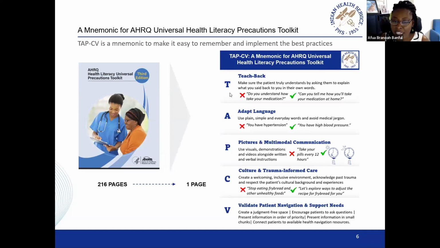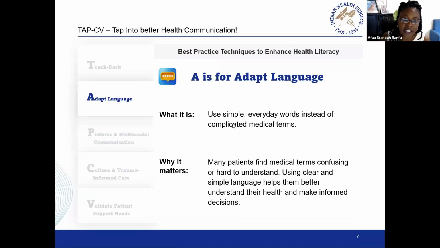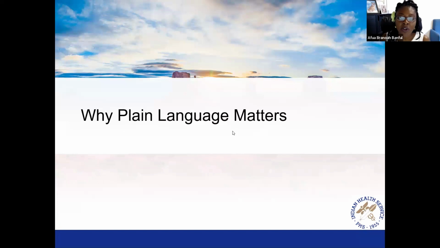All right. So TAP-CV, the A is for adapt language, and that's what we're focusing on today. And what we are learning about and focusing more this month is what it means and how to actually do it. So let's go into why plain language matters.